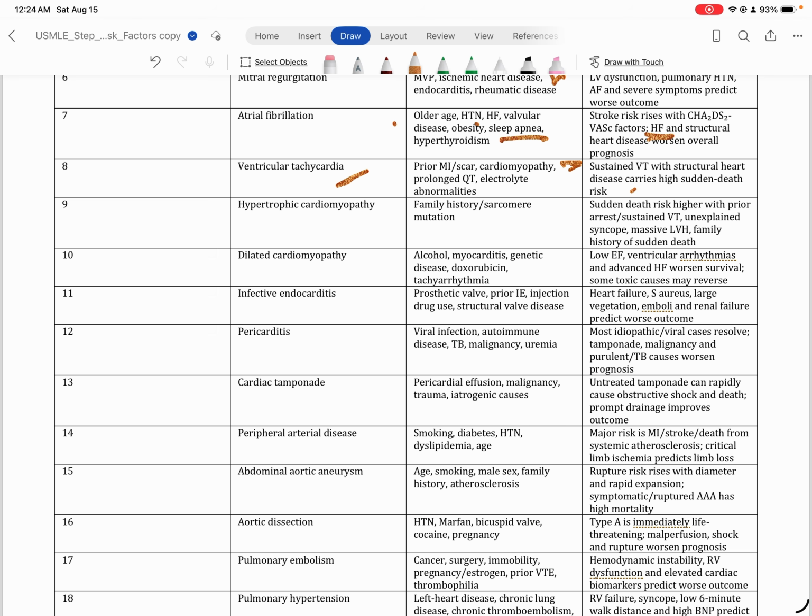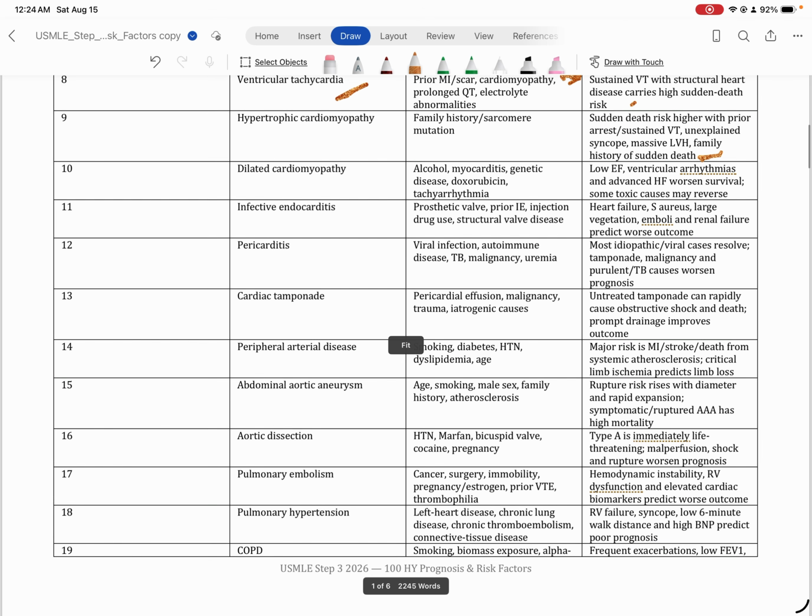Because of the demand and supply mismatch, the patient may have sudden death. And if the patient also has unexplained syncope, that may indicate poor prognosis. Massive left ventricular hypertrophy and family history of sudden death are some of the prognostic factors associated with hypertrophic cardiomyopathy.